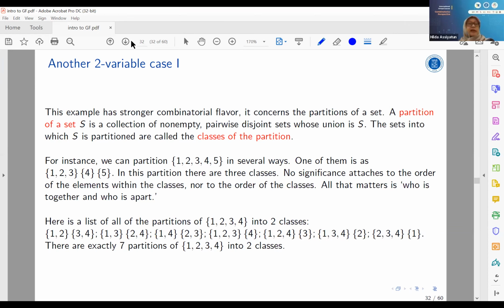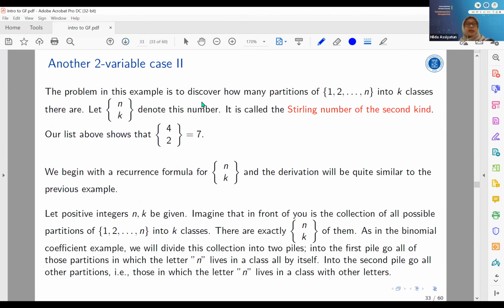Now we want to look at this sequence. We want to answer the question: how many partitions of a set of n objects into k classes are there? We will use this notation for this number, and this number is called the Stirling number of the second kind.